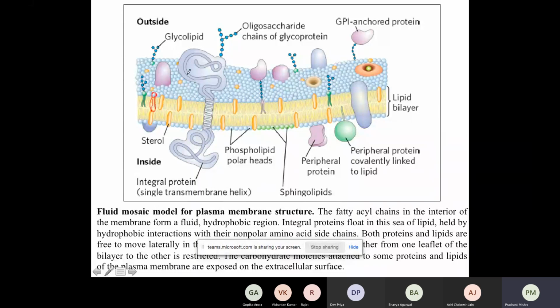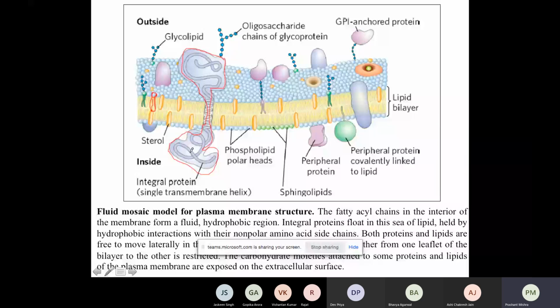Then what you see is that there are certain structures. This is a complete structure, which is a protein. Now this protein could be the one which is spanning the membrane, present inside the membrane.